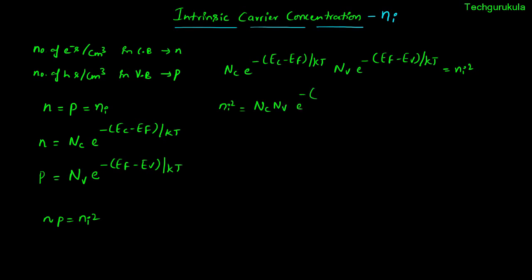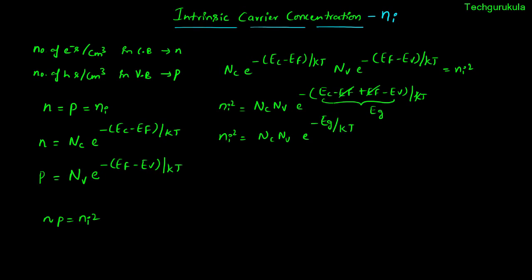I'm going to add the terms here: Ec minus Ef plus Ef minus Ev over Kt, where minus Ef and plus Ef cancel. So we are left with Ni square equal to Nc times Nv times e power minus of Ec minus Ev by Kt. Ec minus Ev is nothing but Eg, which we defined as the forbidden energy gap, so it is Eg over Kt.